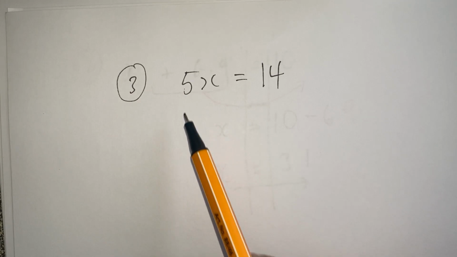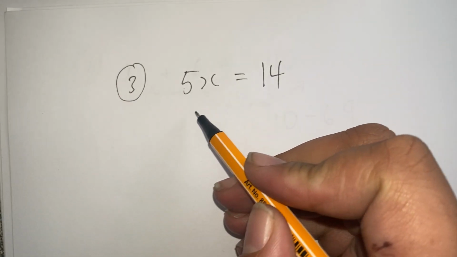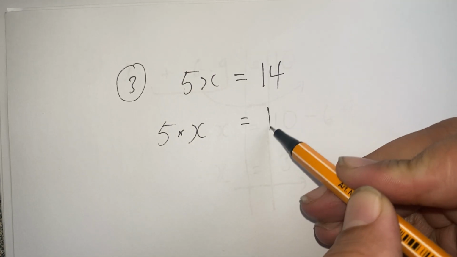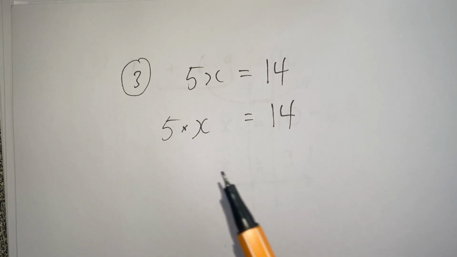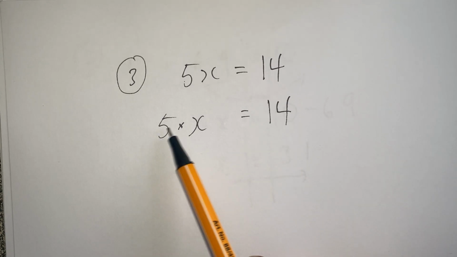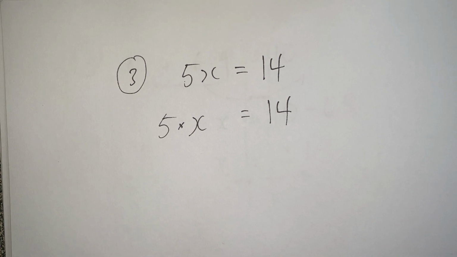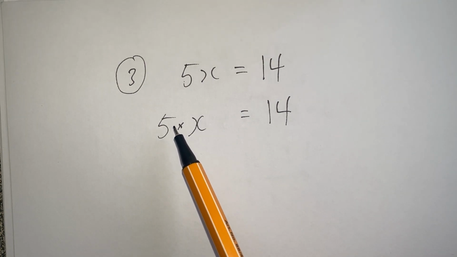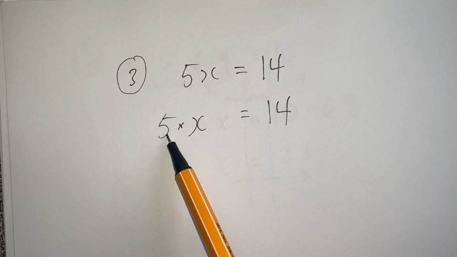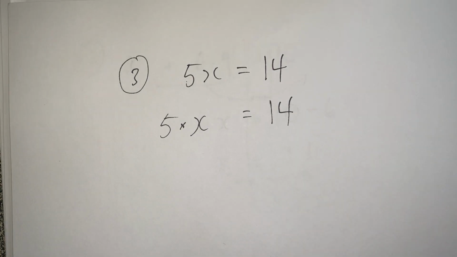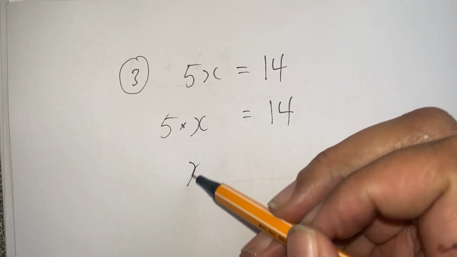I can rewrite this as 5 times x equals 14. When we do the opposite of whatever relationship this number has with the x, it doesn't become 14 minus 5. It actually becomes x, so x is left here.